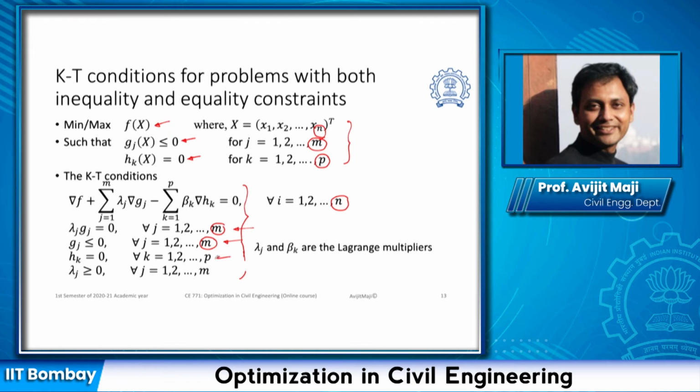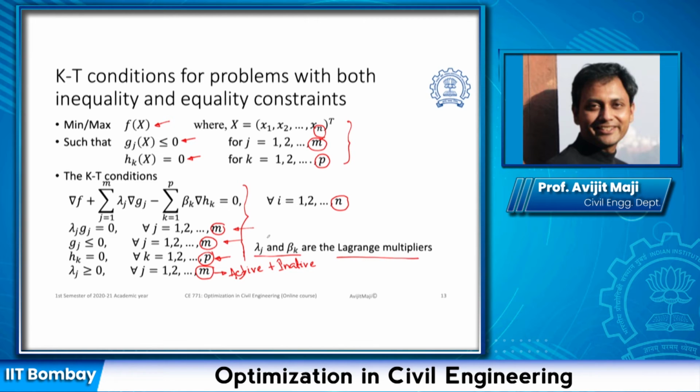The fourth one, which is of p numbers, is going to represent the equality constraints. And the fifth, which is our Lagrange multiplier of m numbers, is going to represent both active and inactive inequality constraints. So this is for active plus inactive inequality constraints.